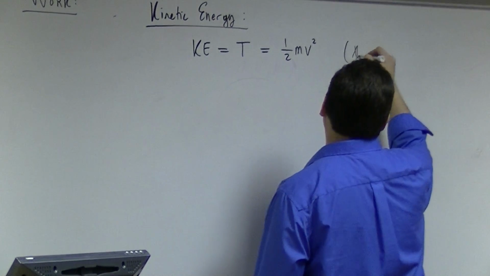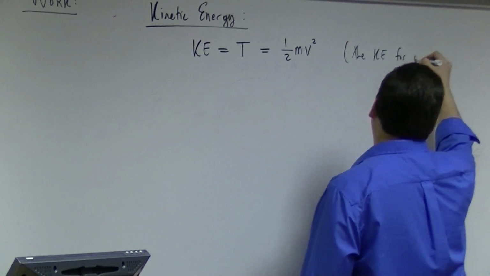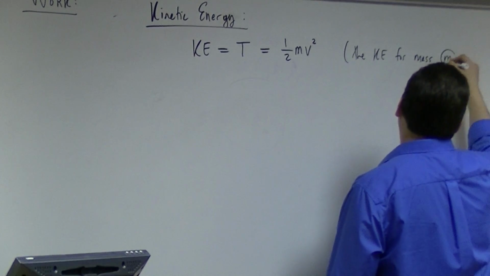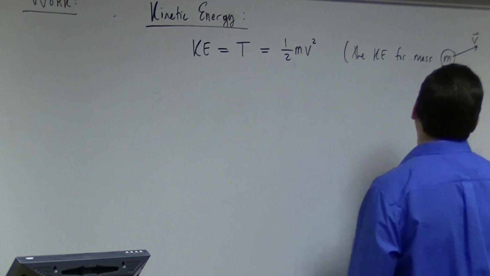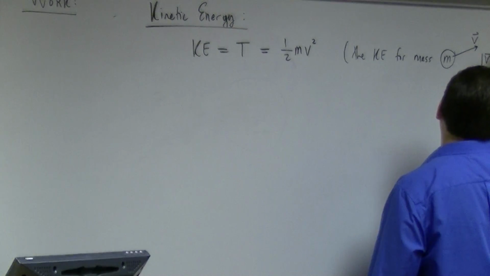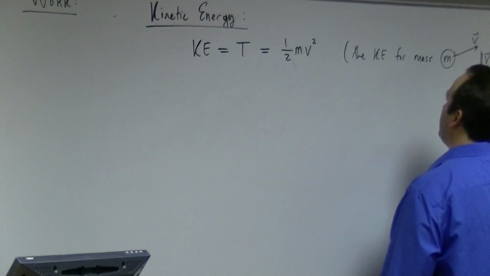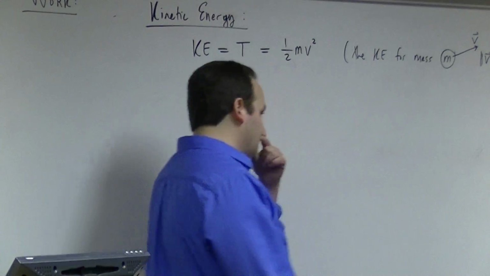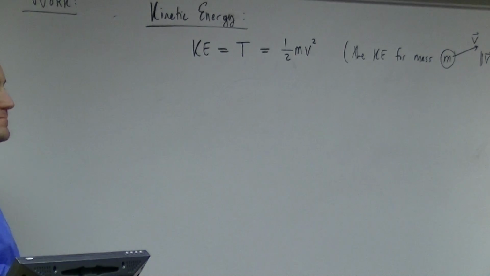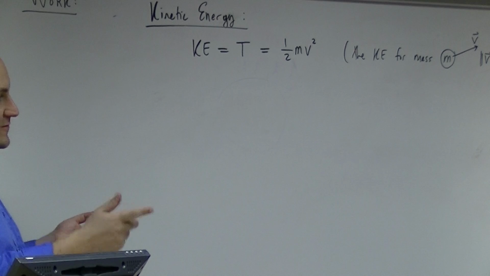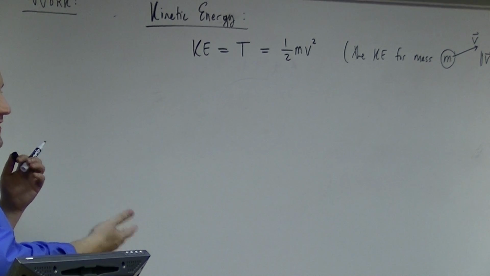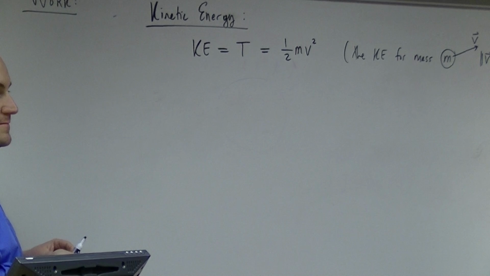So this is the kinetic energy for mass m with velocity v, and the magnitude of the velocity is the speed v. So kinetic energy is a scalar. It's a number. If you have the same speed, it doesn't matter what direction the velocity is going in, same kinetic energy. If I throw a ball 10 meters per second up, or to the left, to the right, at you, whatever, same ball, same speed, same energy, kinetically speaking.